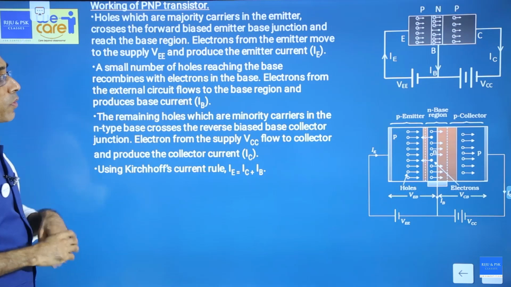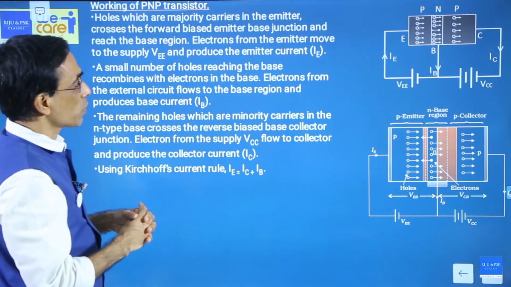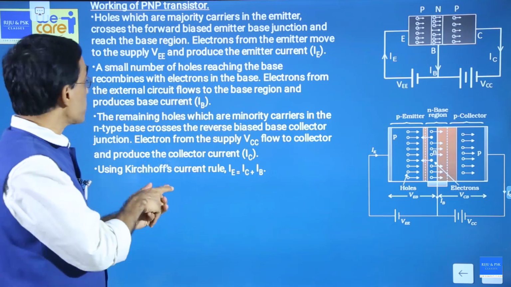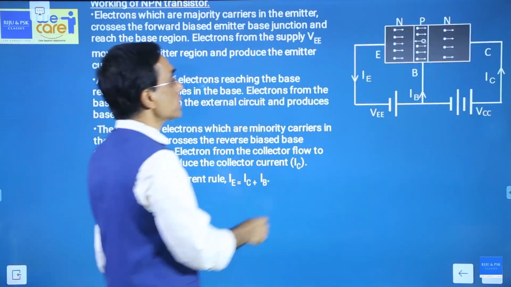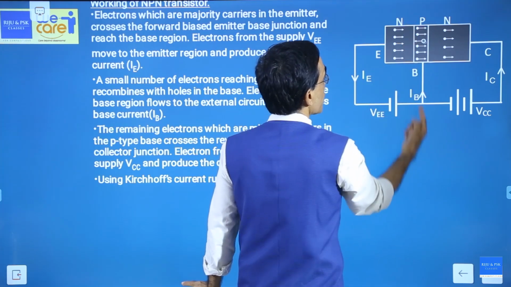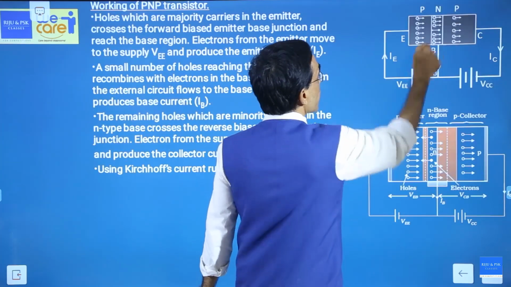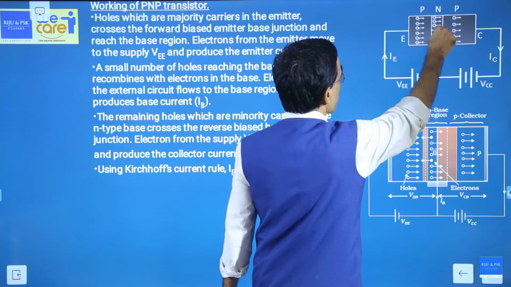A small number of holes reaching the base recombine with electrons. Electrons from the external circuit flow to the base. In the previous case, electrons were flowing from the base to the outer circuit, that's why the current was into the device, but here electrons are flowing from the external circuit into the base, so the current is in the opposite direction.